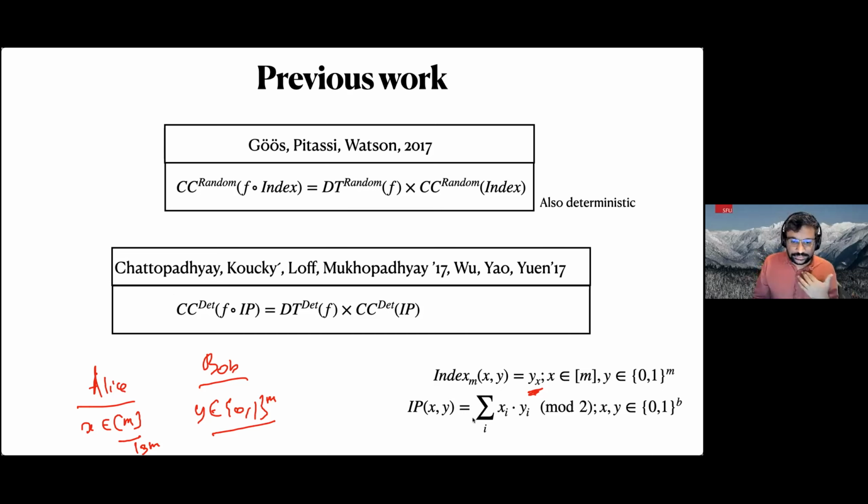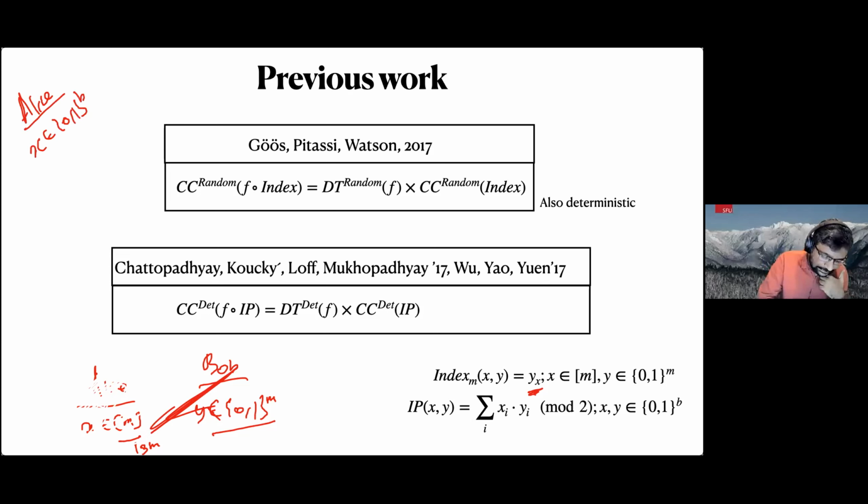So the inner product gadget is where Alice and Bob get two B-bit strings. Alice gets a B-bit string X, and Bob gets a B-bit string Y, and their goal is to compute the inner product of these two strings modulo 2.